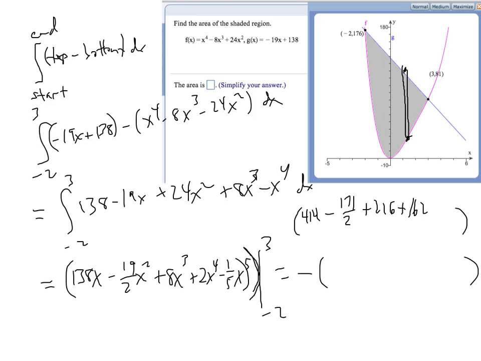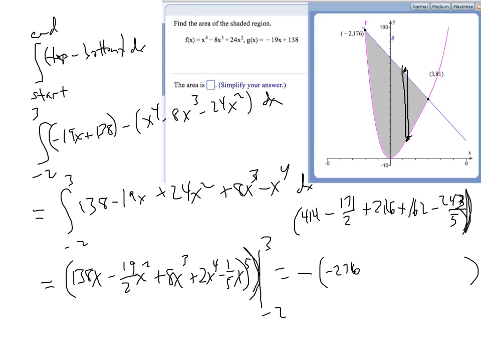So that'll be 2, and then 3 to the 5th power is 243, so I'll have minus 243 fifths. And again, all of that is in parens. And then what I'm subtracting is what's going to happen when I put negative 2 in for x. So I'll have 138 times negative 2, which is negative 276.